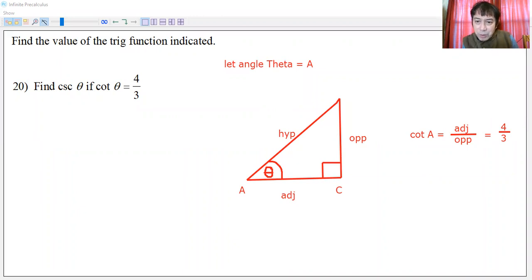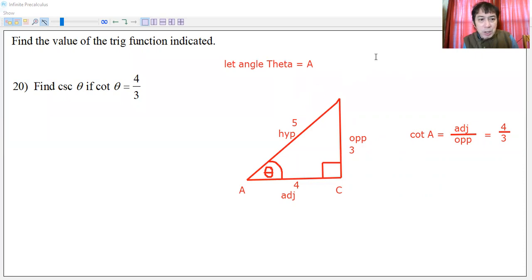So we shall place the 4 over here because this is the adjacent side. This must be our 4, and our opposite side 3 must be over here. And if these legs are 4 and 3, the hypotenuse must be 5. We can show that by the Pythagorean Theorem again, and so we have these numbers for our sides.